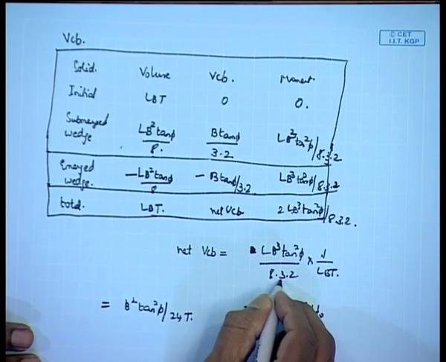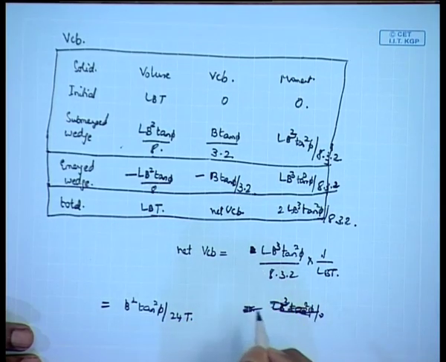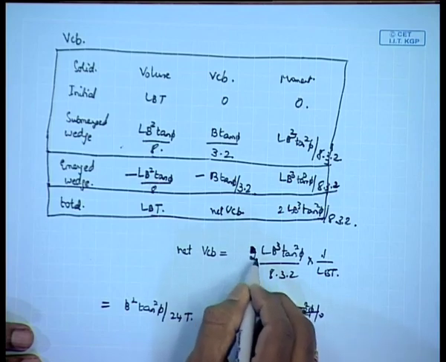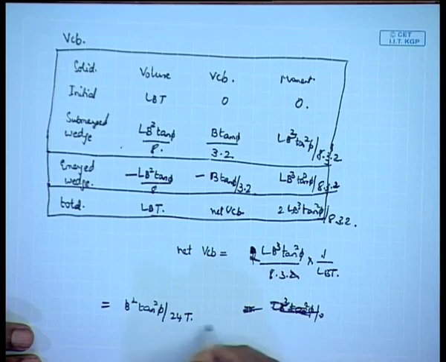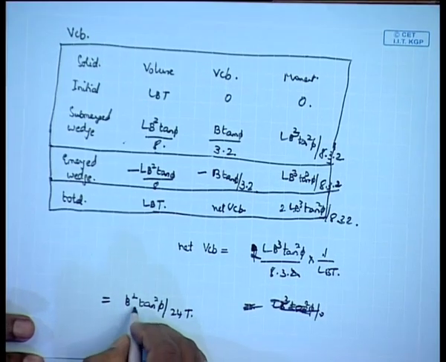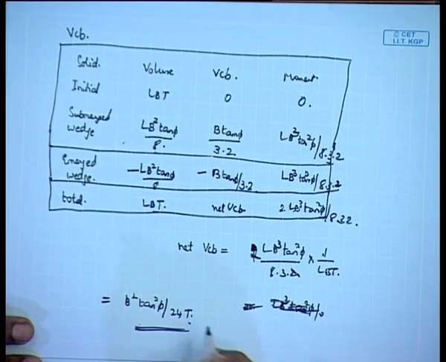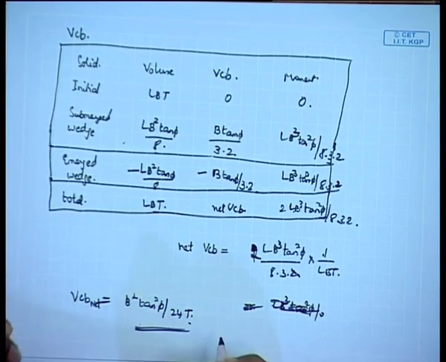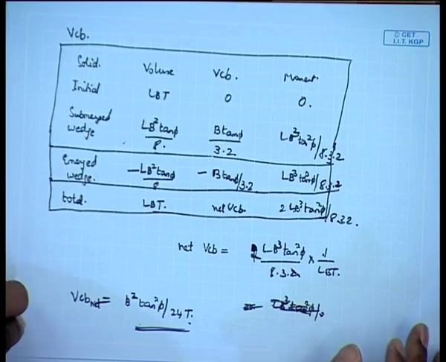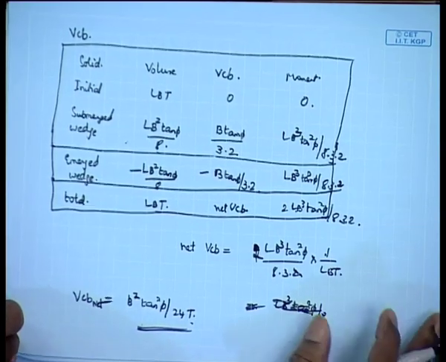There is a 2 here, there was a 2 here, so this 2 into 2 will cancel. Therefore, this becomes B square tan square phi by 24T. So, VCB of the net system is equal to B square tan square phi by 24T.